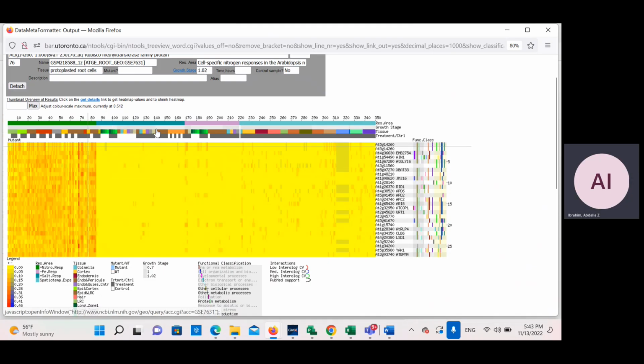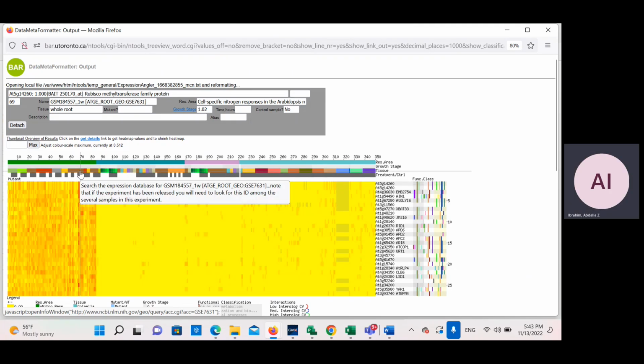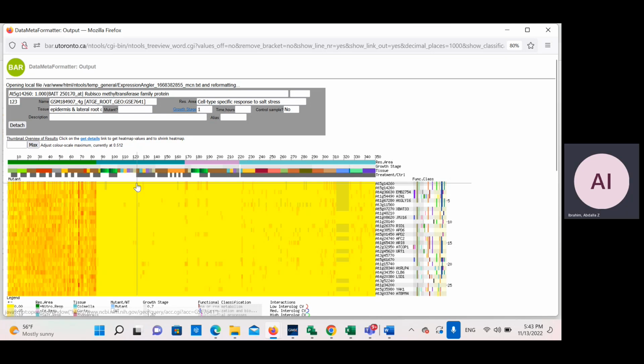And let me go up here and see what changes over here. So this is the actual tissue. It tells you what the tissue is. This is the whole root, and the last row shows you whether there was a treatment or not, under a specific treatment.